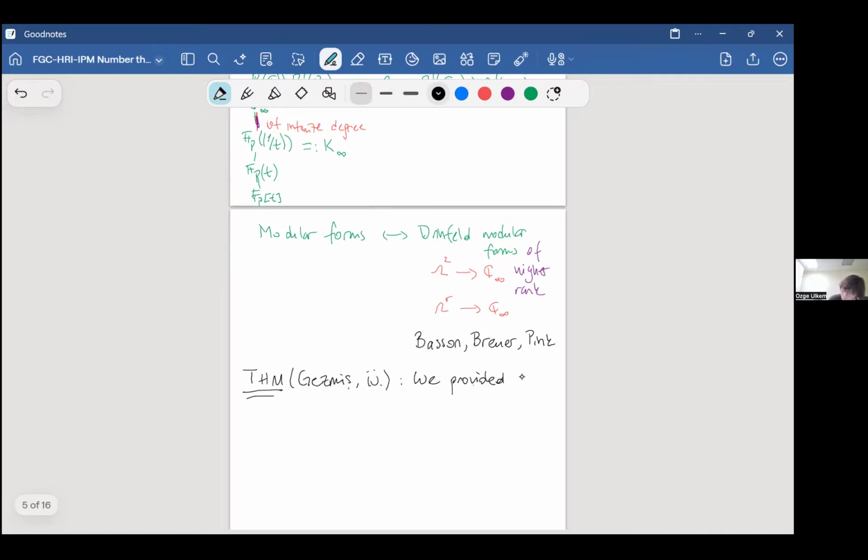We provided a family of Drinfeld Hecke eigenforms of higher rank.